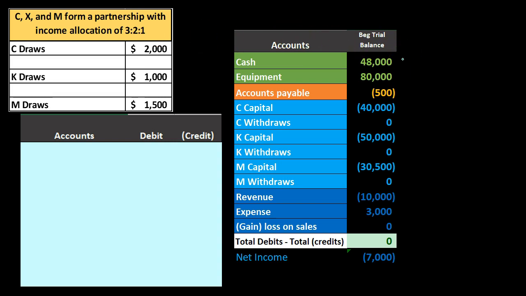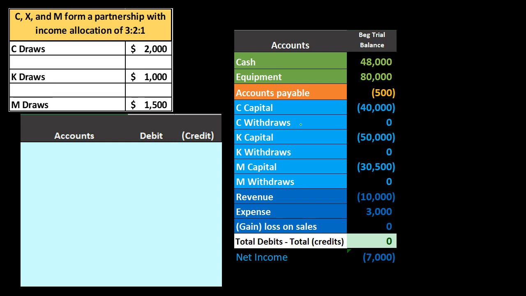We also could restrict the withdrawals or benefit those who don't withdraw as much by having the income allocation be allocated more to those who have more capital invested in the business. So we're going to say that the withdrawals are going to be here. Now, we typically have a different draws account just as we would for a sole proprietor.